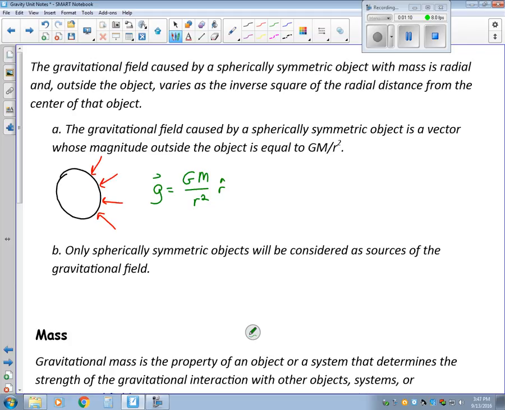So it obeys an inverse square law. If I were to make a plot of gravitational field strength versus how far away I am from a planet, it would look something like this.